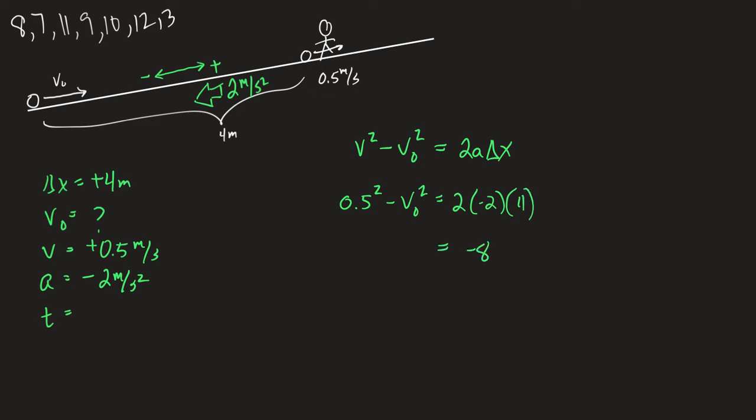So negative 8, and 0.25 minus v naught squared. So I'm going to subtract the 0.25 from both sides, and I'll get negative v naught squared equals negative 8.25. Yeah. It should be negative 16. Thank you.